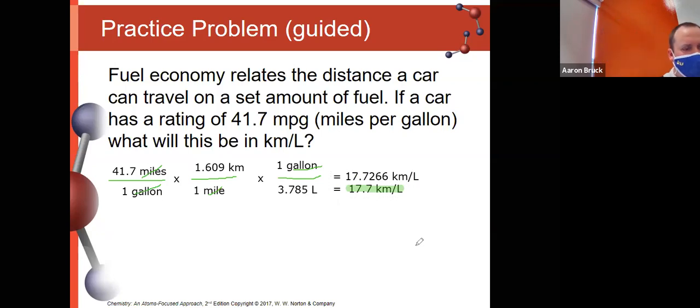Now, there is one other type of problem that we can encounter with regard to dimensional analysis, and that has to do with what if one of my units is squared or cubed, and I don't have a conversion immediately on hand for it.